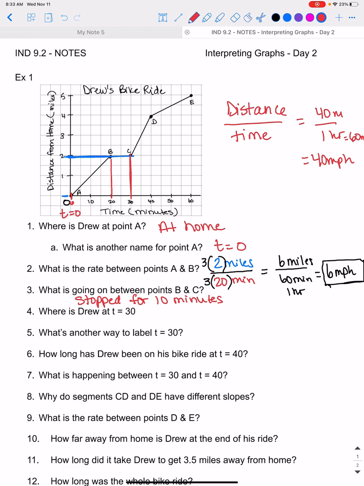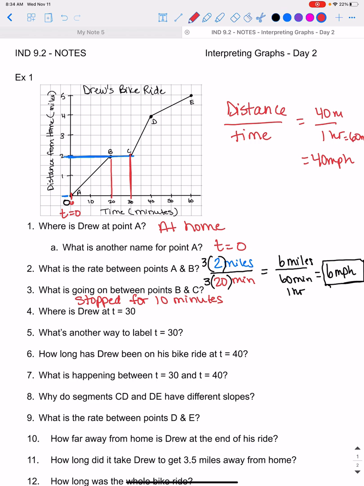So the y-axis information is that he stopped. He didn't travel any distance, right? From 2 miles from home to 2 miles from home, he didn't go anywhere. And then along the x-axis, how long did that B to C last? It lasted for 10 minutes. So that would be the answer for number 3: he is stopped for 10 minutes.